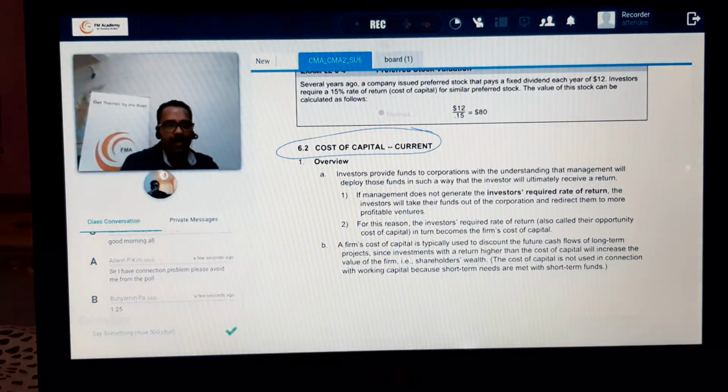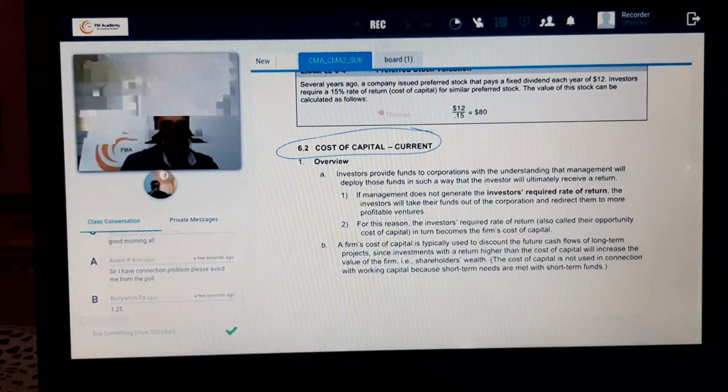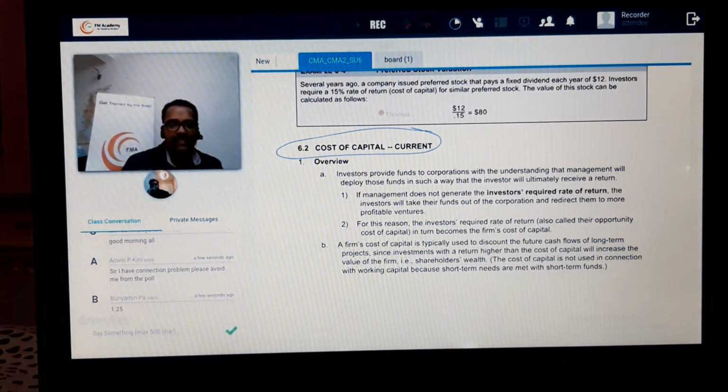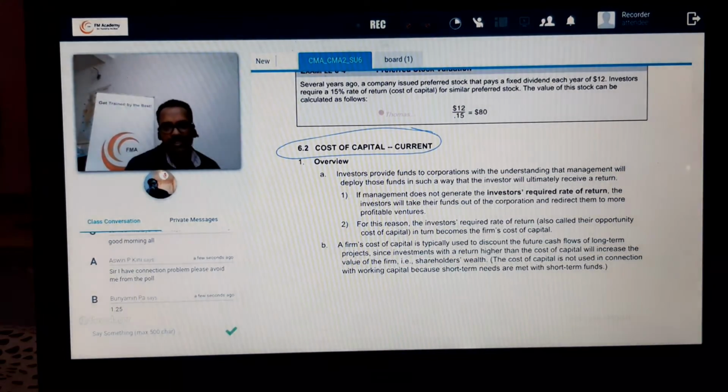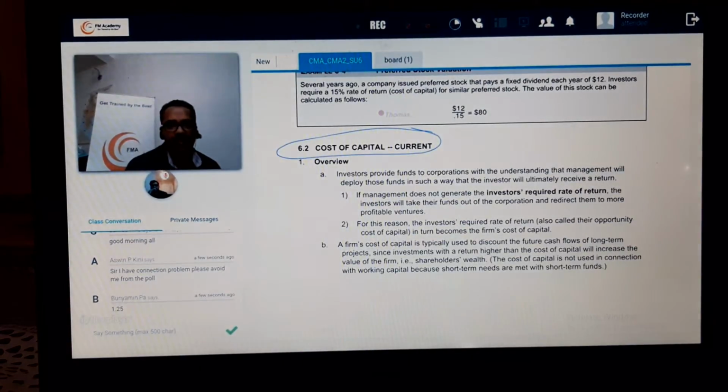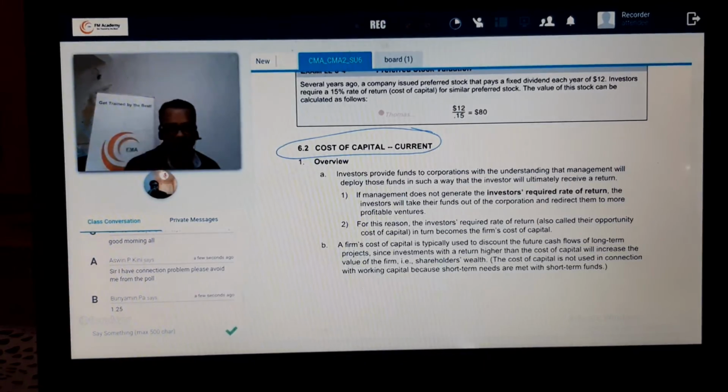It can be bond, it can be preference shares, it can be equity share. The investors supply the money to the corporations. What they want in return? They want return. They expect return, in other words. They require return.